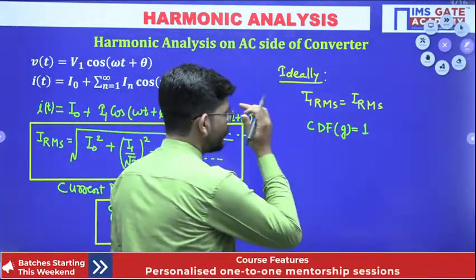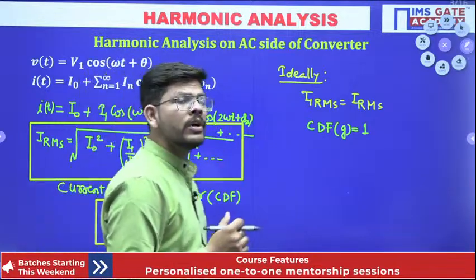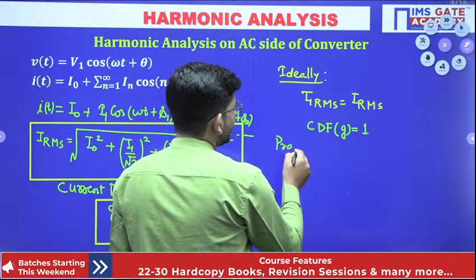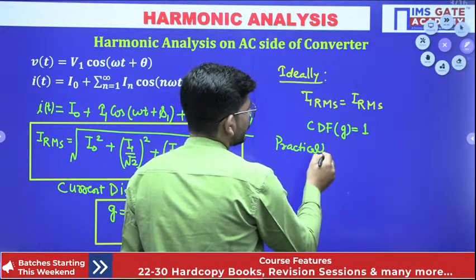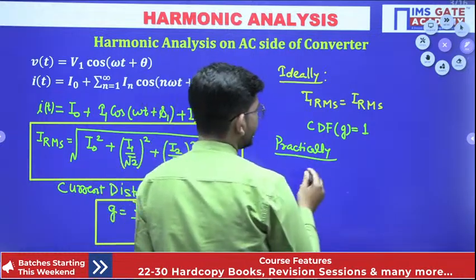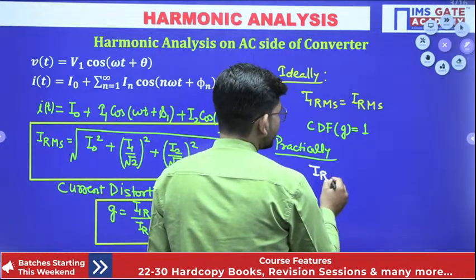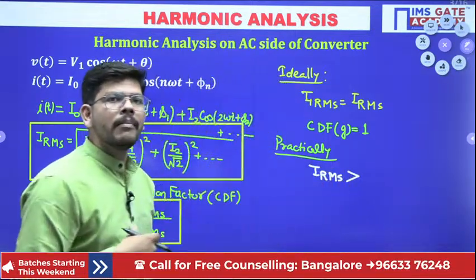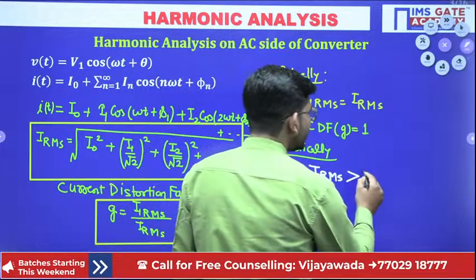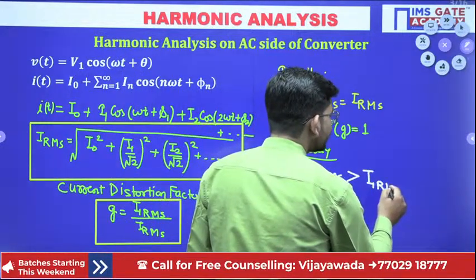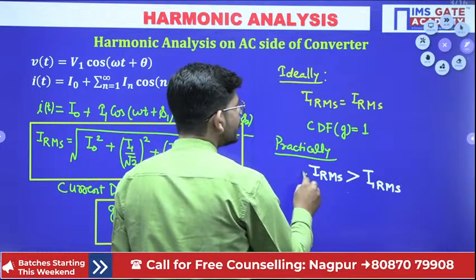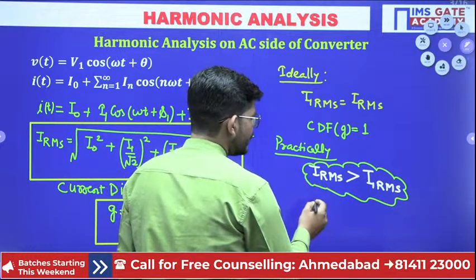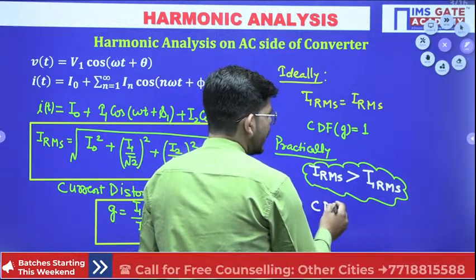The current distortion factor ideally has a value equal to 1, but practically what happens? Practically we get something else. The total RMS value of current, when it has multiple harmonic terms, is greater than the fundamental RMS component. Due to this, what is G?